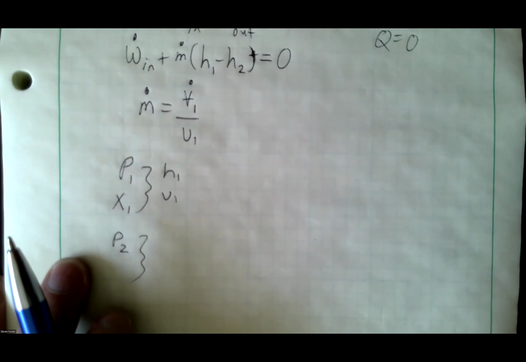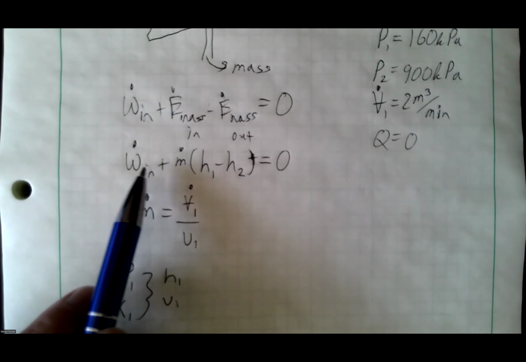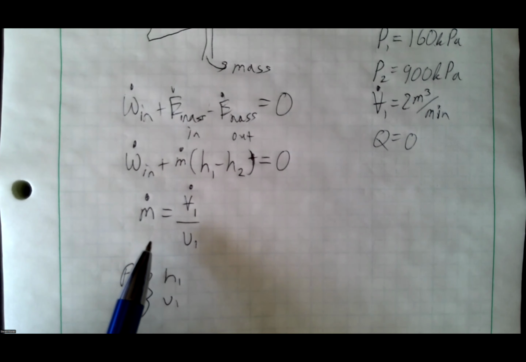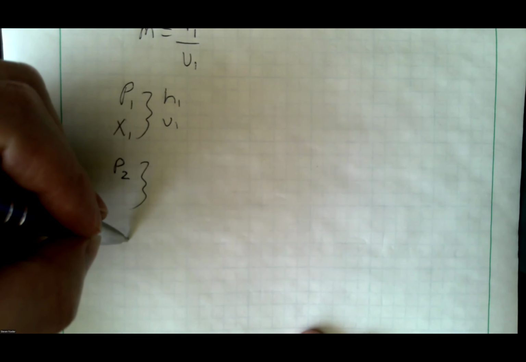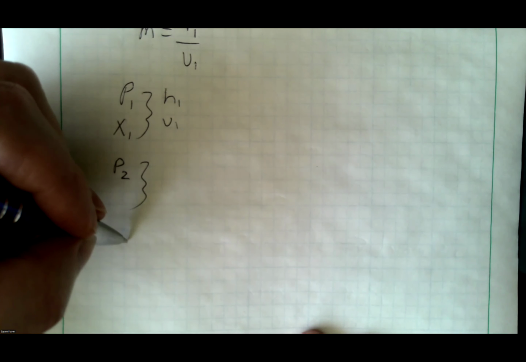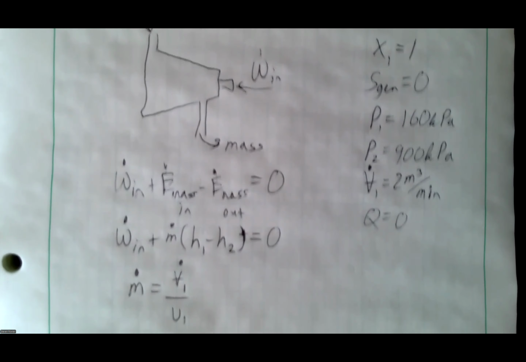Well, we've shown you the first law, and we've looked at conservation of mass. And what is the whole purpose of this chapter? This whole chapter is about the second law. This is a process from state 1 to 2, and it has a mass flow rate, so we've got flowing mass.